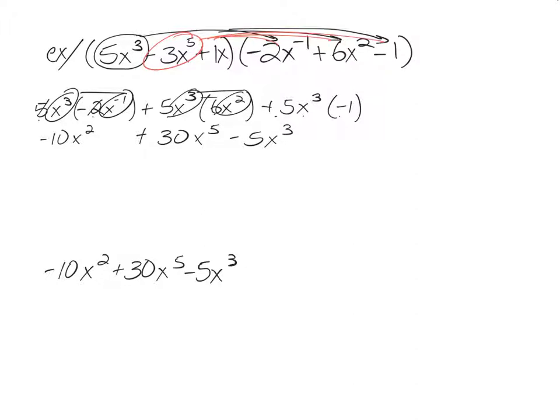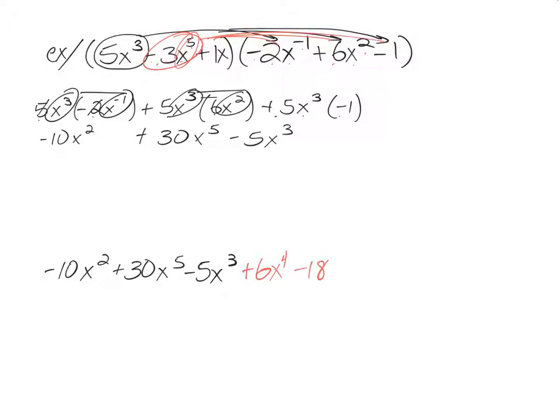And I'm going to multiply negative 3 times negative 2 and get a positive 6. And I'm going to multiply x to the fifth times x to the negative 1, which means I can just add those exponents together and get x to the fourth. So then I can just do the same thing. I'm going to multiply negative 3x to the fifth times 6x squared. So multiply the coefficients. That's negative 18.